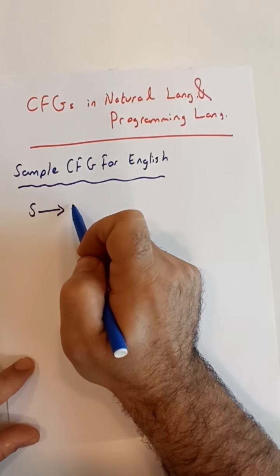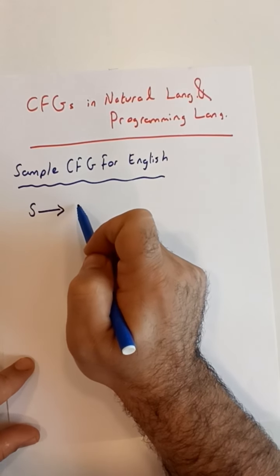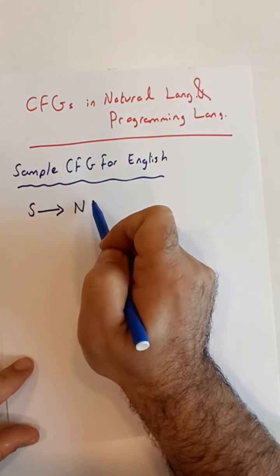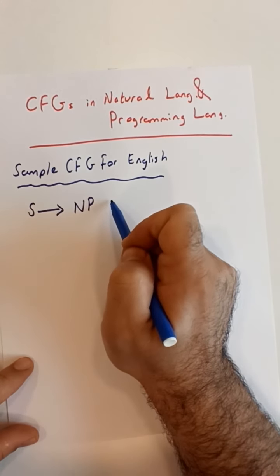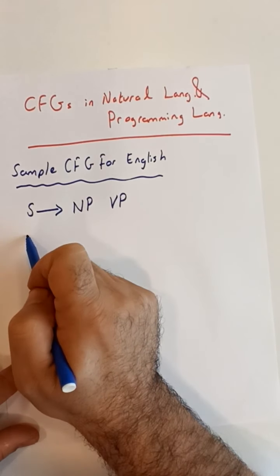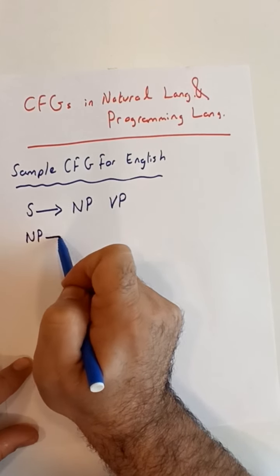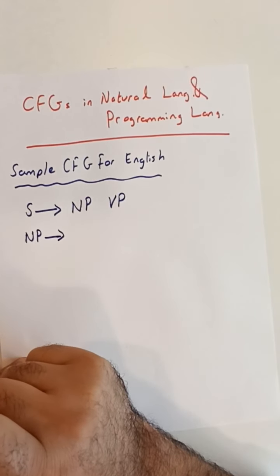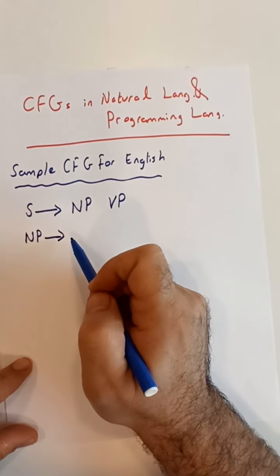S can be expanded with, can consist of two main structures. The first one is noun phrase followed by a verb phrase. And a noun phrase may consist of, again, different types of rules.